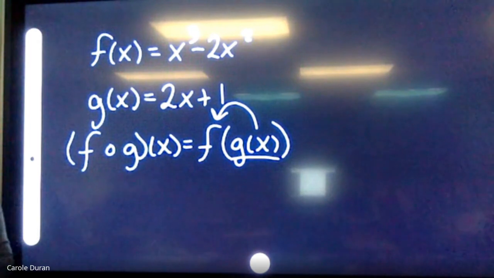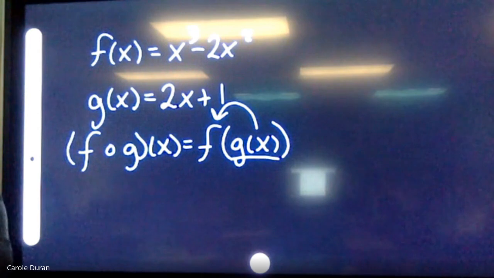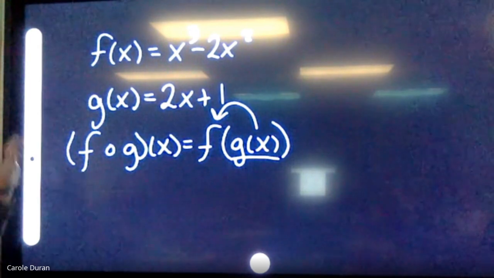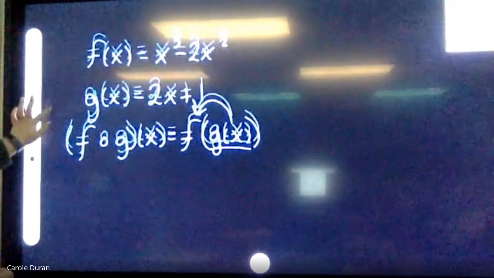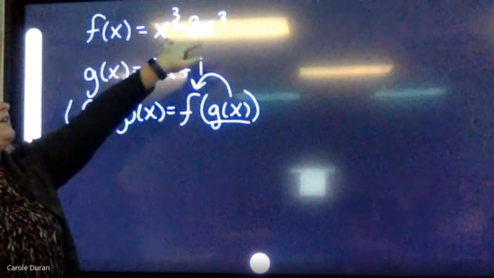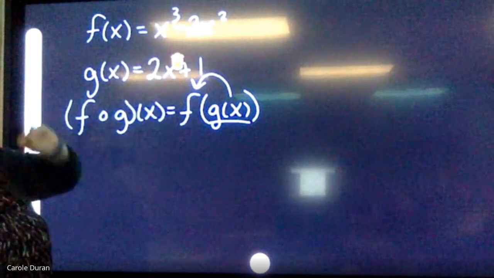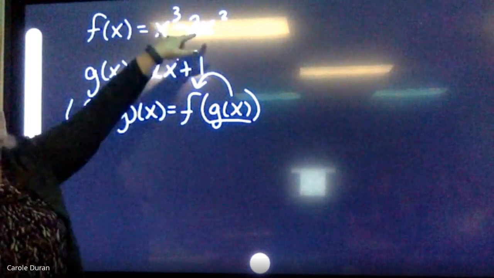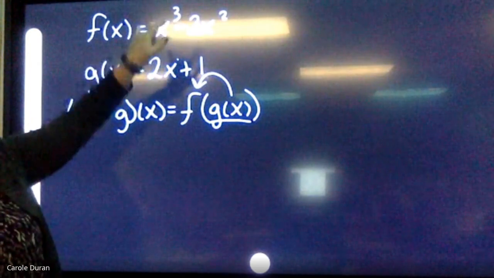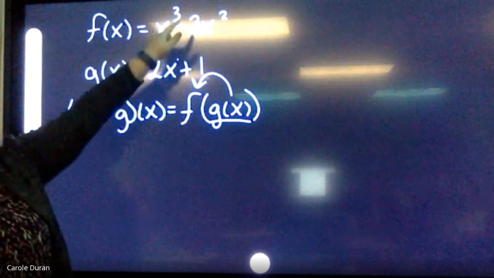The key here is that the inside function plugs into every variable present in the outside function. So that is very important here because my outside function f has two variables. So this is going to get plugged in twice.